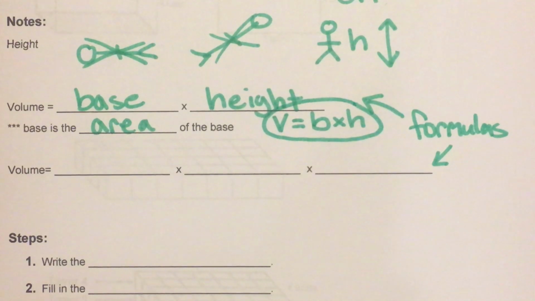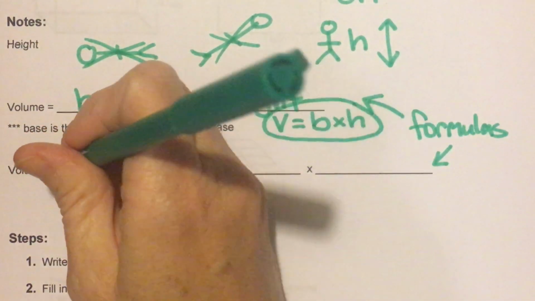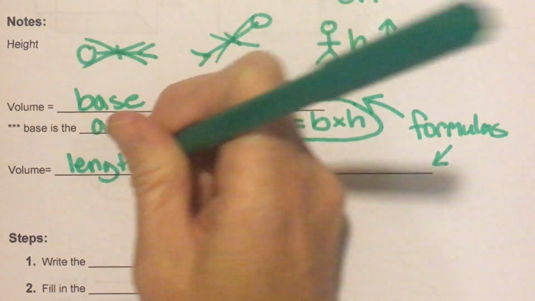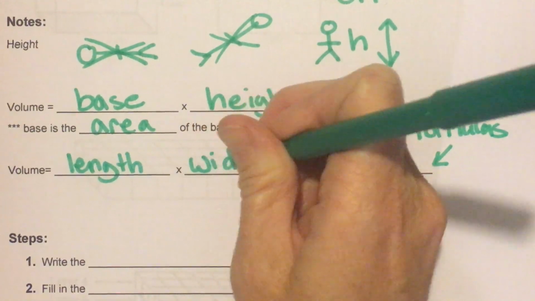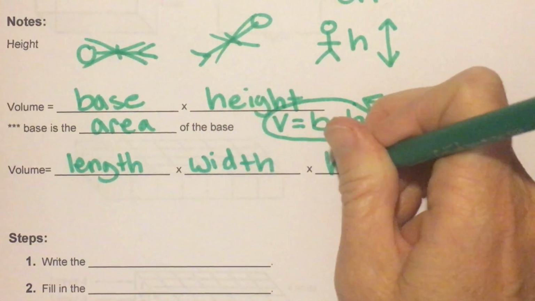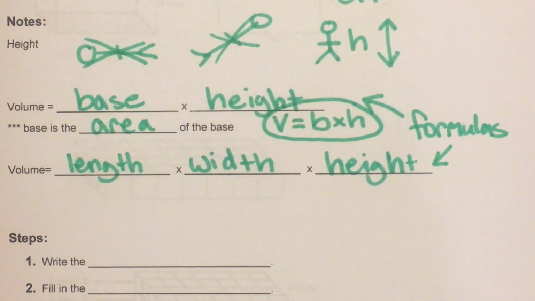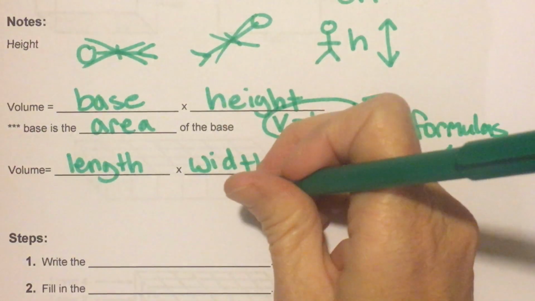Okay, our second formula is volume equals length times width times height. Now this one they shortcut again using letters.